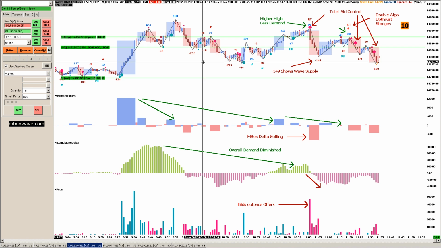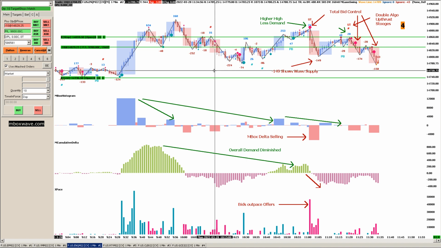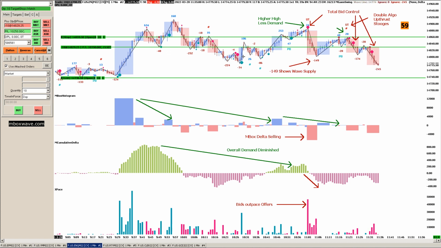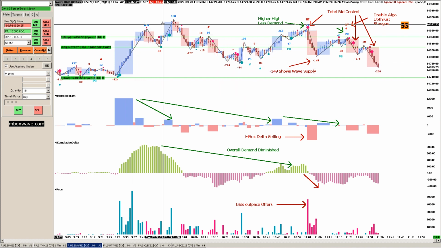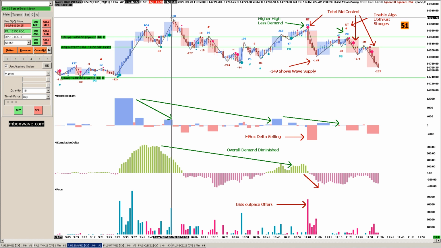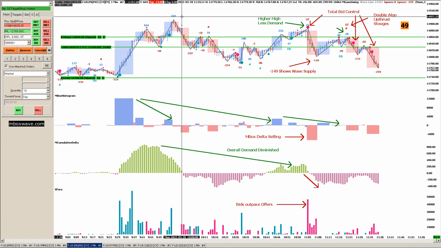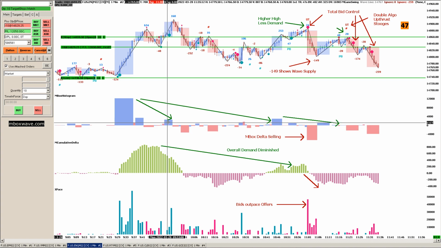So while we wait, instead of pausing the video, maybe I'll just talk about how I read the analysis now. These numbers to me are now very clear with the MBox precision delta, much more clear than the native delta. Like here you have 634, higher high, less demand, accompanied with less buying.